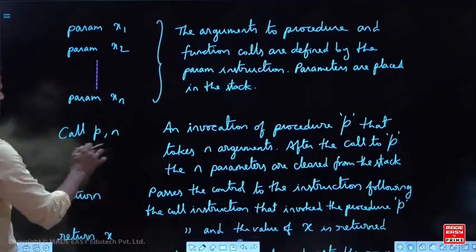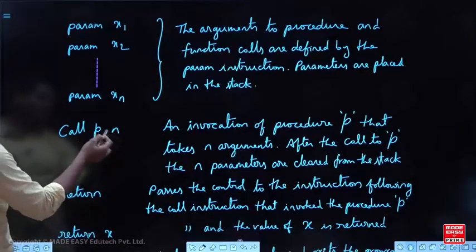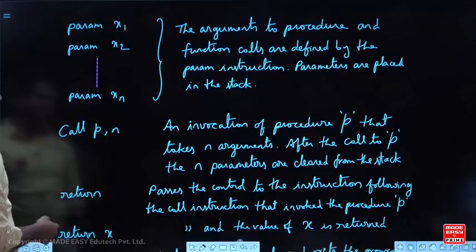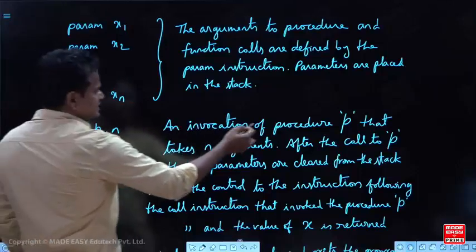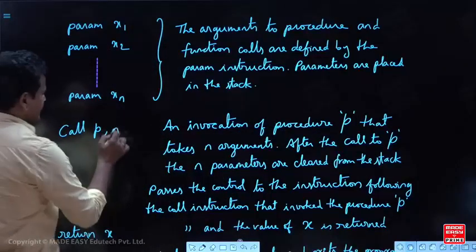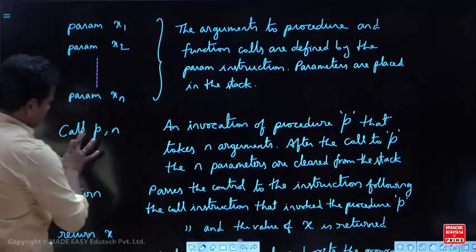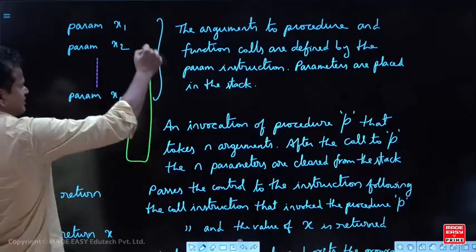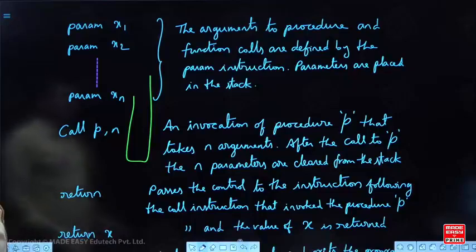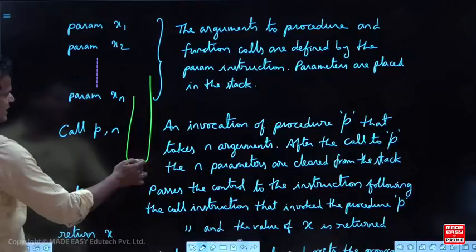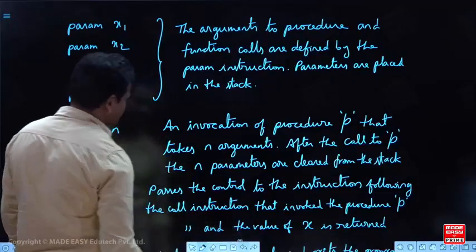Now call P comma n. This is the invocation of the procedure P. The name of the procedure is P, an invocation of procedure P that takes n arguments. After calling this, whatever parameters are stored in the stack will be cleared from the stack.